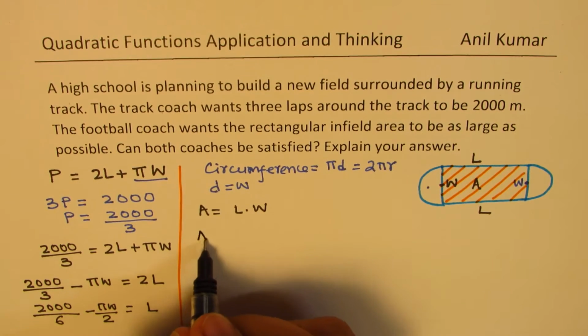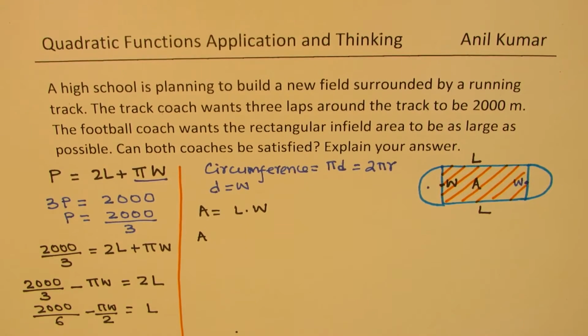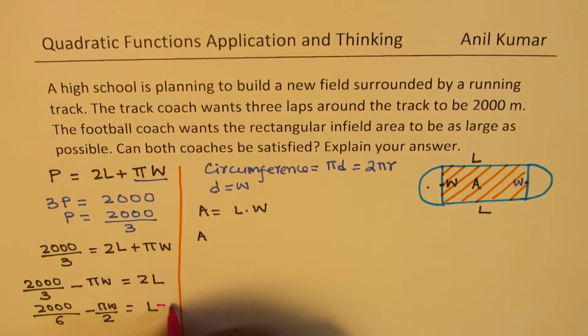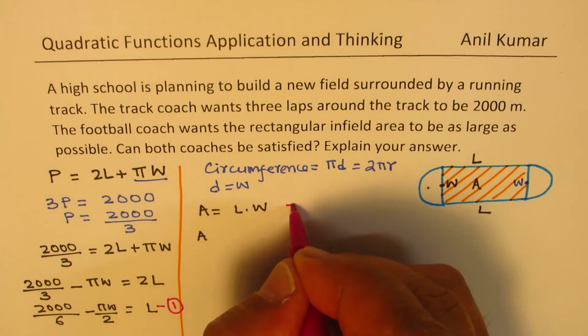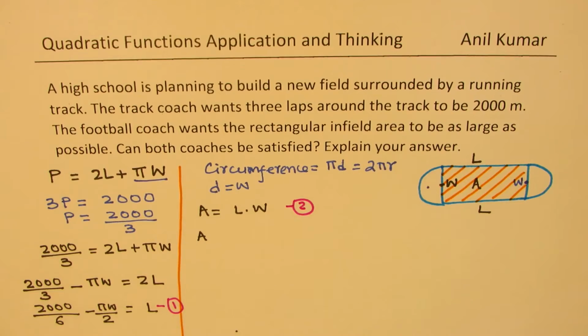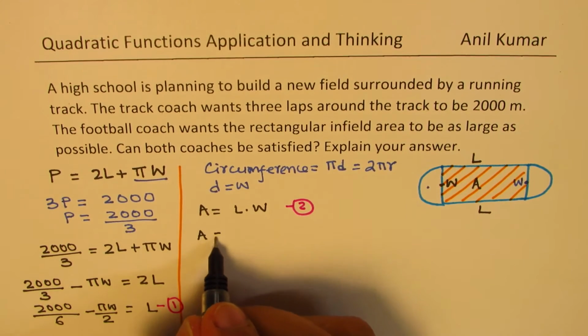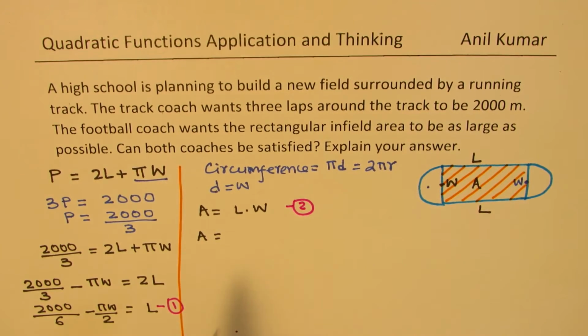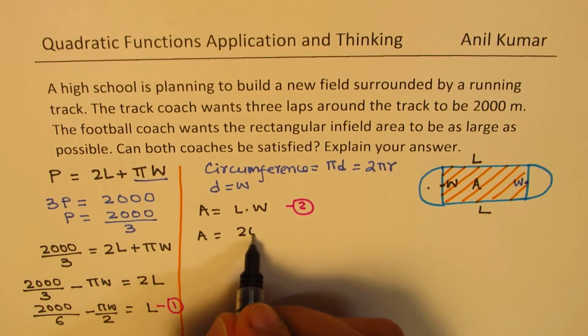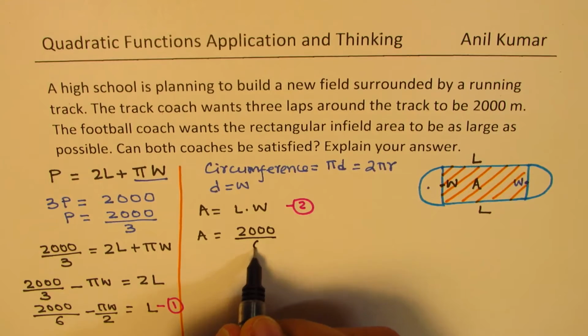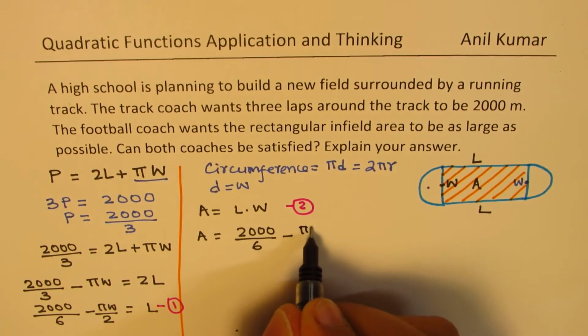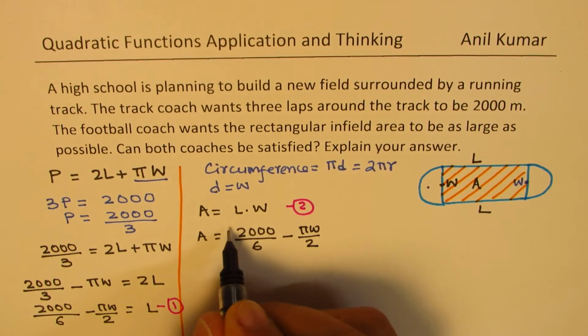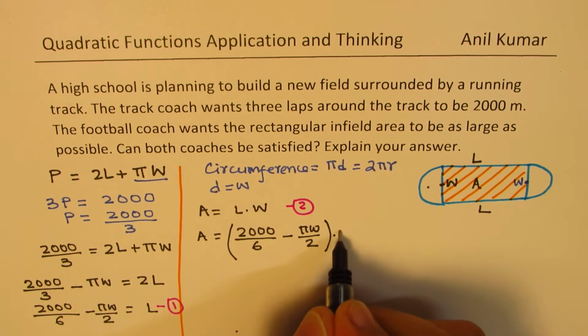Now we can write area by substituting this value of length, let me call this 1, in our equation number 2. So we get area equal to, instead of length, I will write all this. So what we get here is 2000 over 6 minus pi w over 2, so that is length, times width.